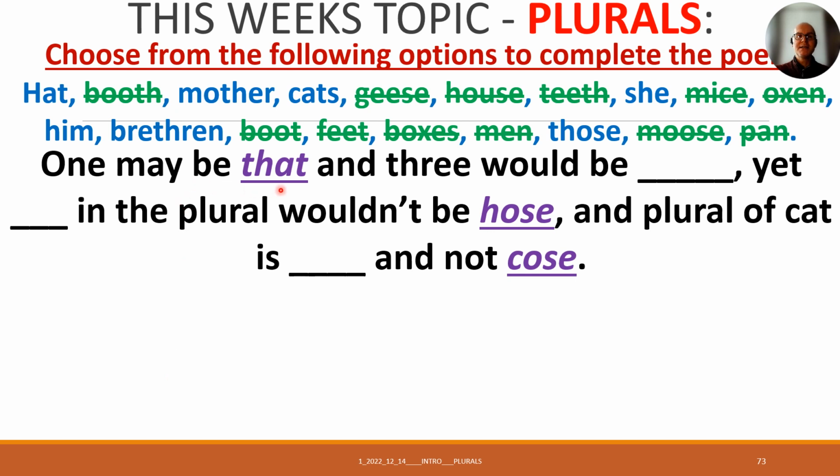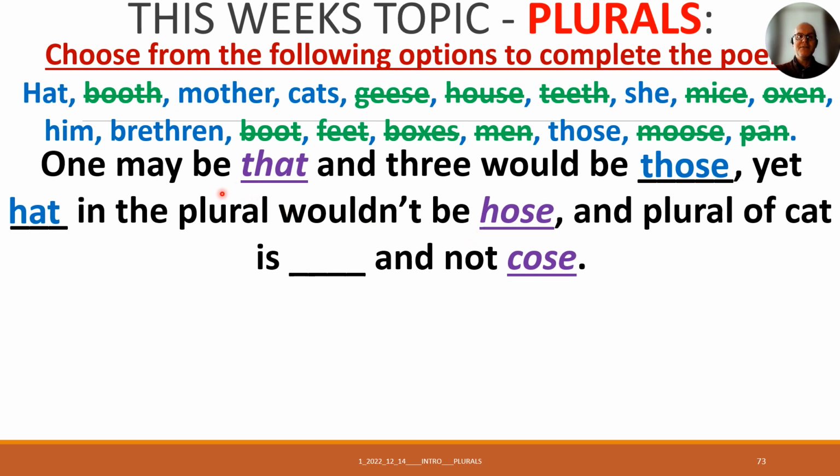One may be that, and three would be blank. Yet hat in the plural wouldn't be hose, and plural of cat is blank and not cause. So the plural here is those. One is that, and more than one, three for example, would be those. Yet hat in the plural wouldn't be hose.